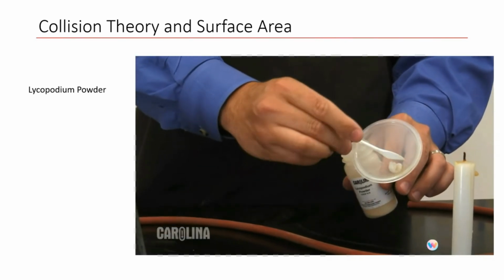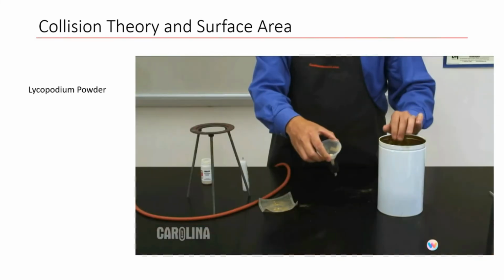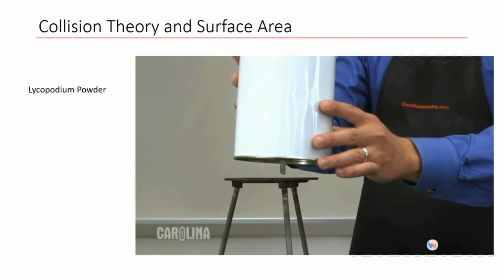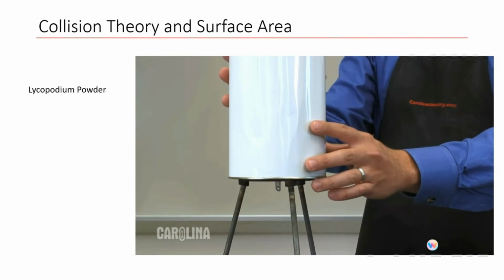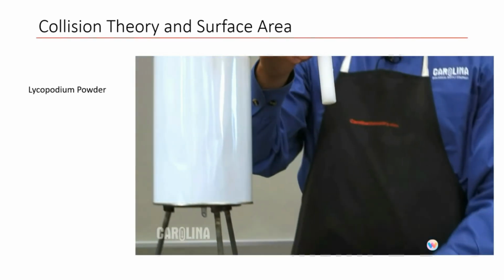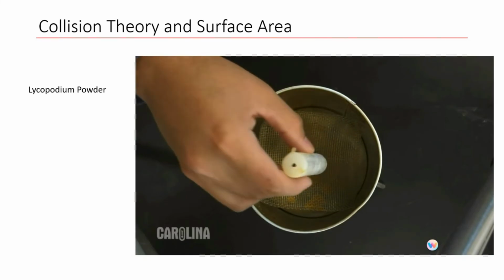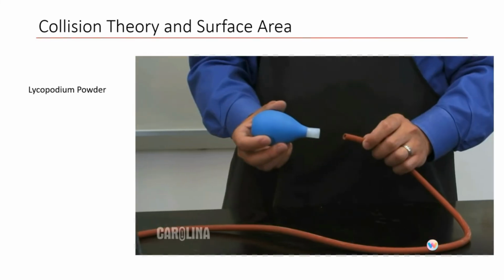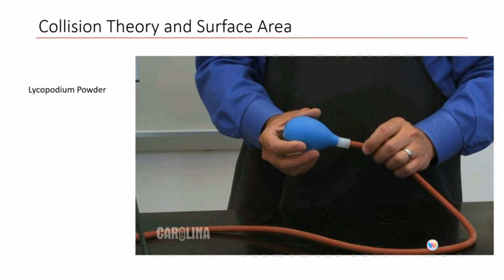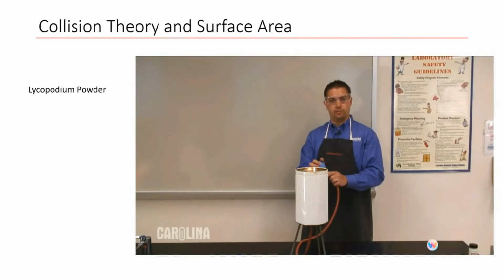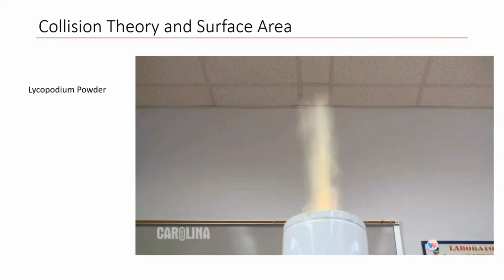But if we take that same amount of lycopodium powder and put it into a funnel, put that in the bottom of the can for safety, we're going to aerosol it, or cause it to fill up the space, and increase its surface area. We'll use a candle as our ignition source, which will help to cause the powder to aerosol. When we do this, we can see a much faster reaction.